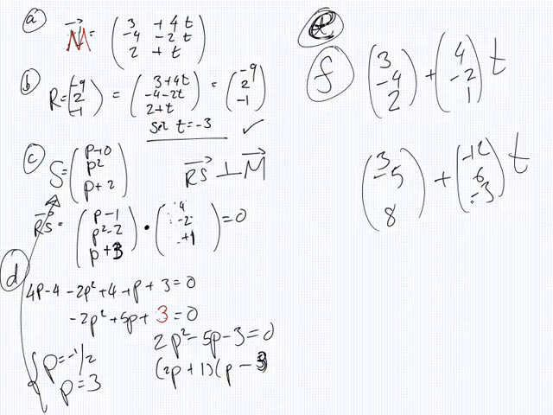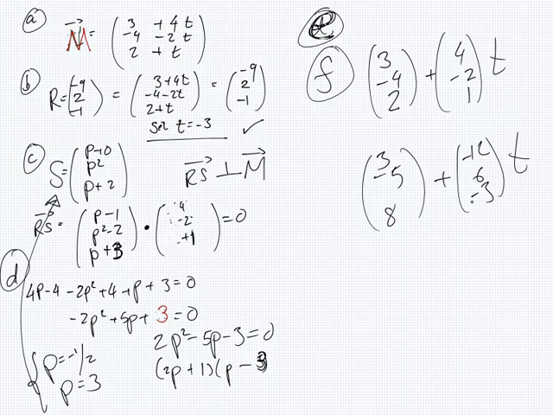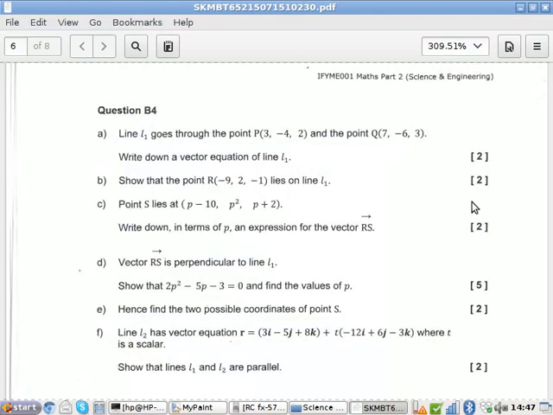How can I show these two lines are parallel? Well, what does parallel mean? One is a multiple of the other, where t is a scalar. They shouldn't be equal to 0, but the ratio should be.